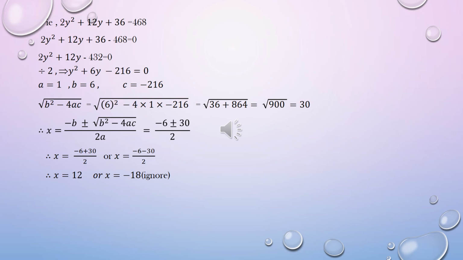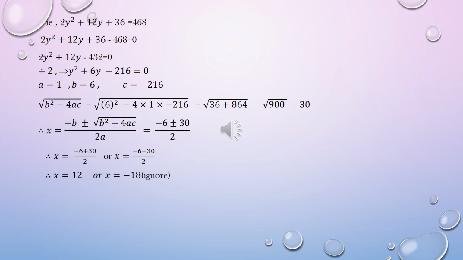Transposing 468, our equation will be 2y square plus 12y plus 36 minus 468 equal to 0, which is equal to 2y square plus 12y minus 432 equal to 0.